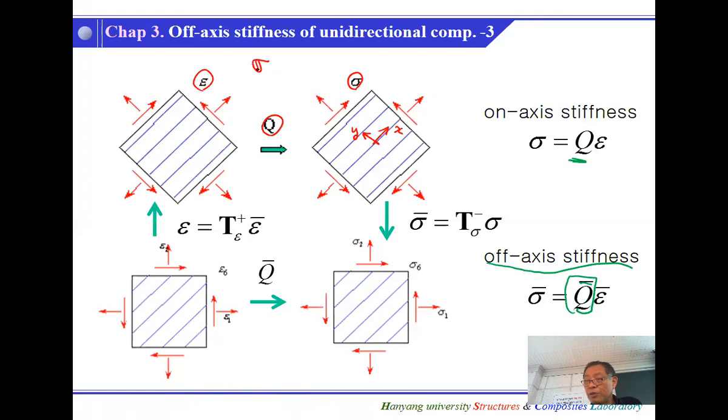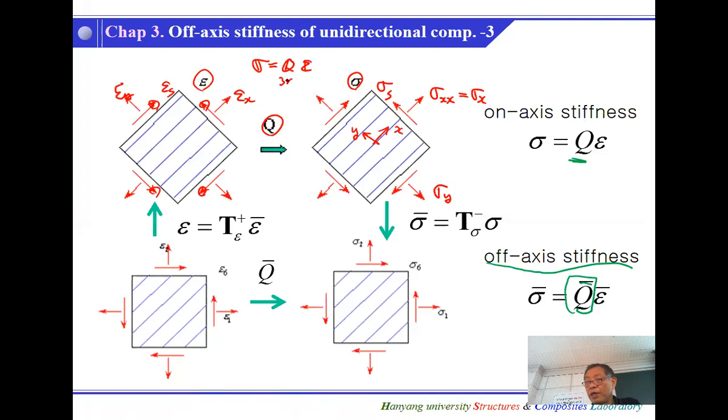Q relates sigma and strain epsilon, with three components: sigma X, sigma Y, and shear stress sigma S. Also epsilon X, epsilon Y, and epsilon S. Epsilon S is this one, and as a reaction, we have this one. So we have three components of strain and three components of stress.